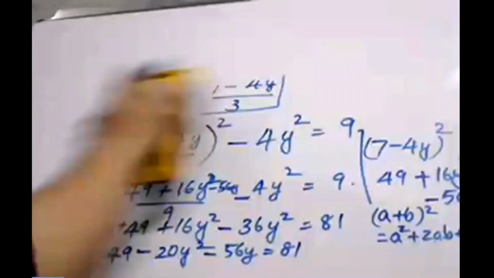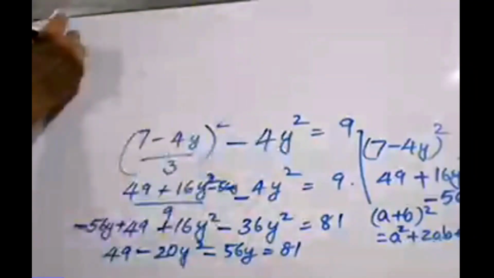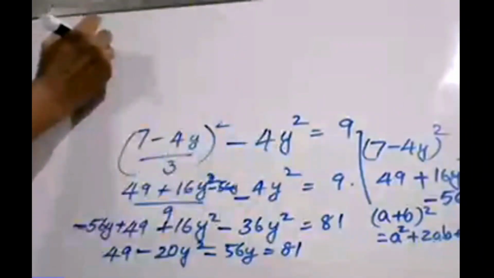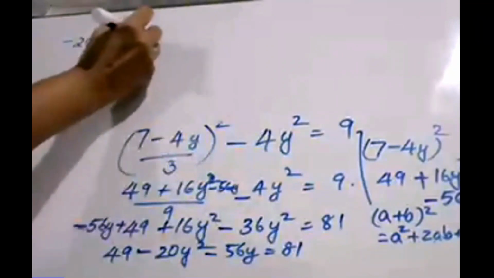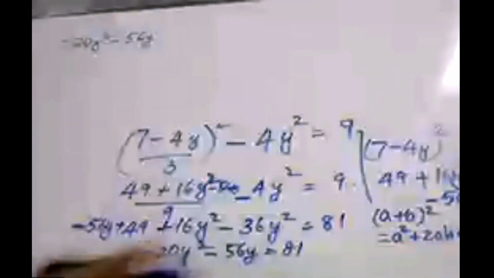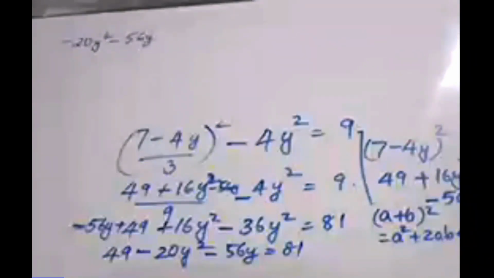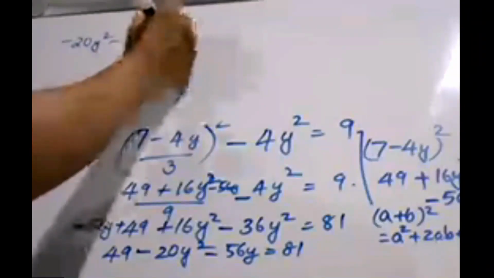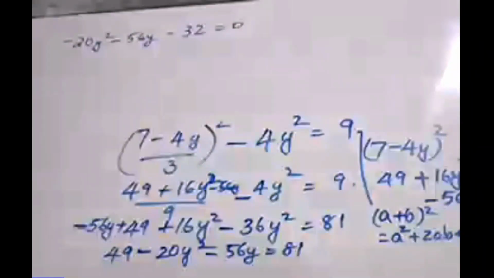So again, simplifying that, I can get this as negative 20y squared minus 56y. If I take this 81 to the other side, I can get this as 81 minus 49, which is equal to 32. Minus 32 is equal to 0.